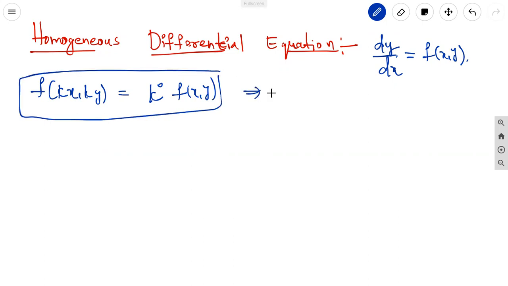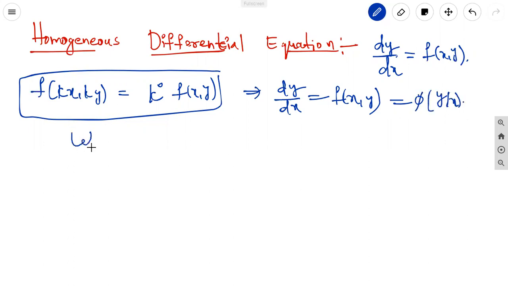Then, how to solve the homogeneous differential equation? dy by dx is equal to f of x comma y. It can be converted into a function phi of y by x. Here, let y by x is equal to v. From this, y is equal to vx.